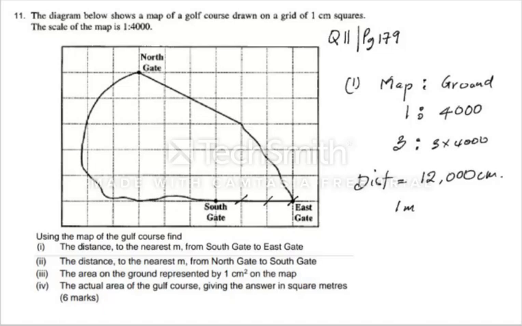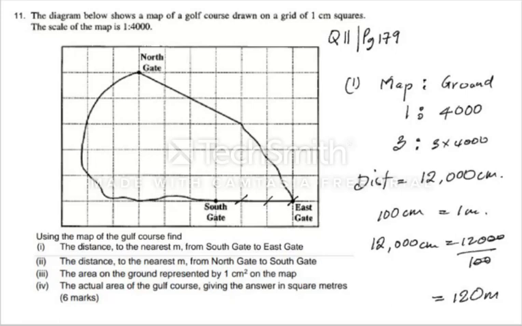All right. Now 12,000 centimeters, and I want the answer in meters. 100 centimeters is equal to 1 meter. So 12,000 centimeters would be 12,000 divided by 100. The distance between the 2 points is 120 meters.